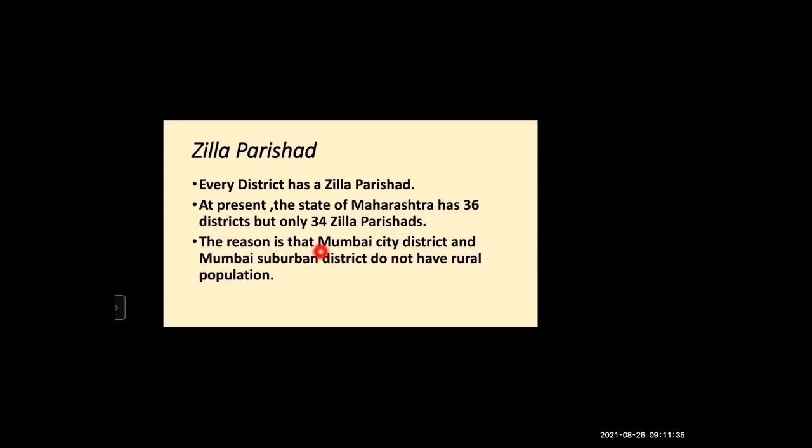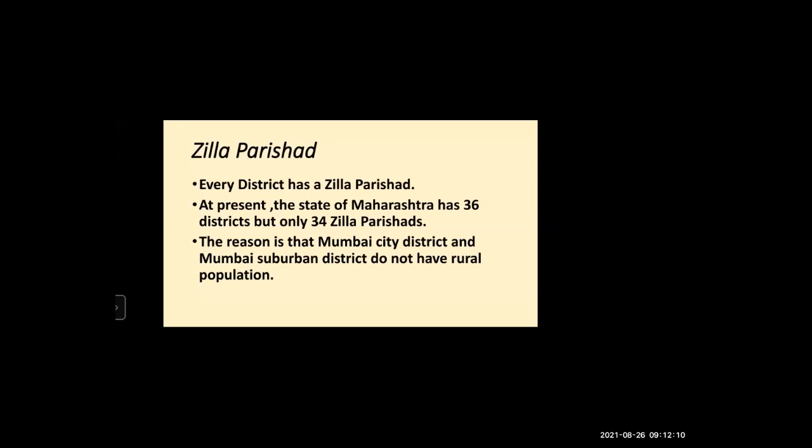The reason is that the Mumbai city district and Mumbai suburban district do not have rural population. Now, what is rural population? Rural population is the population that is living outside the cities. Their main work is agriculture.